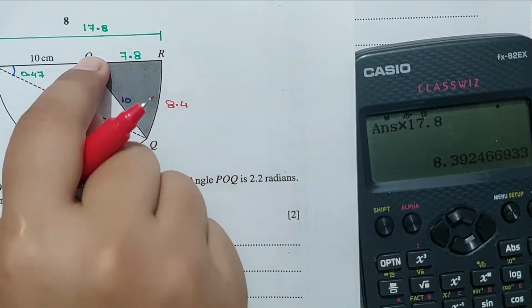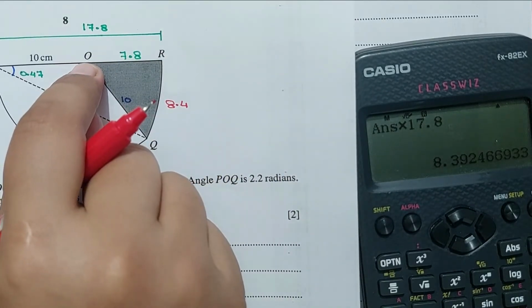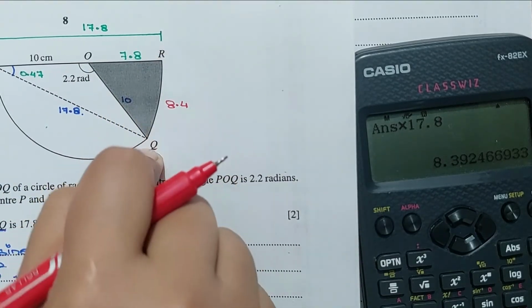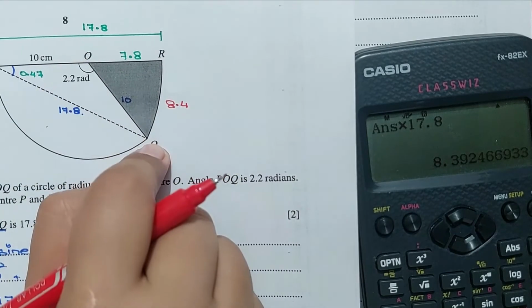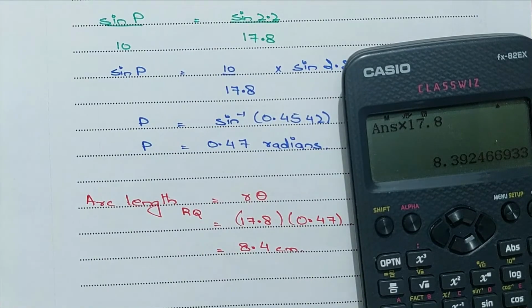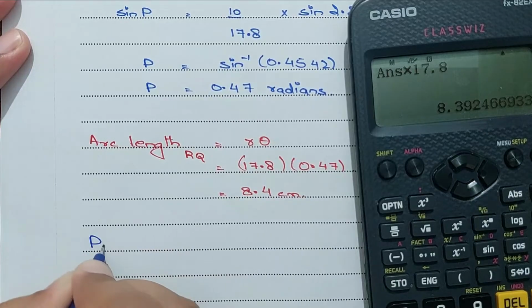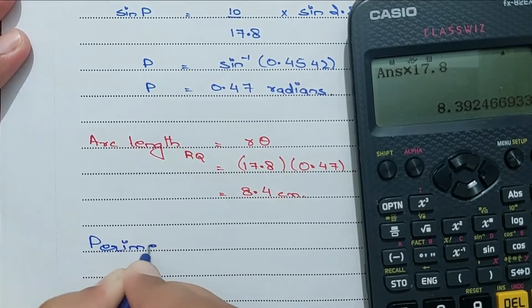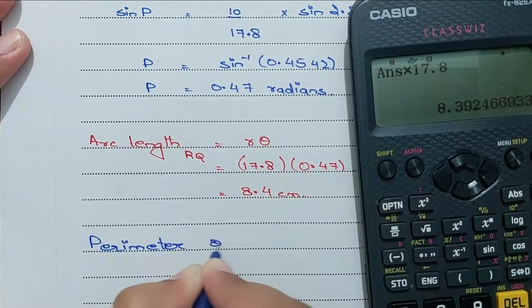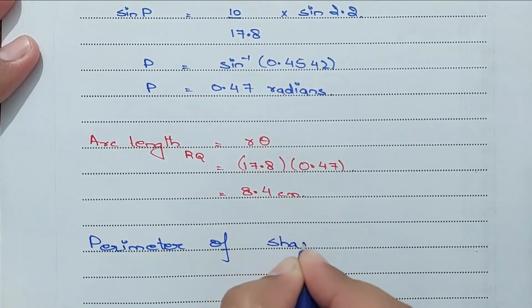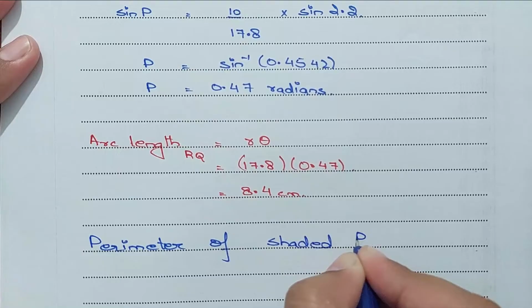Now the perimeter of the shaded region is OR, which is 7.8, R to Q is 8.4, and OQ is 10. Add them up, and we will get the perimeter of the shaded region.